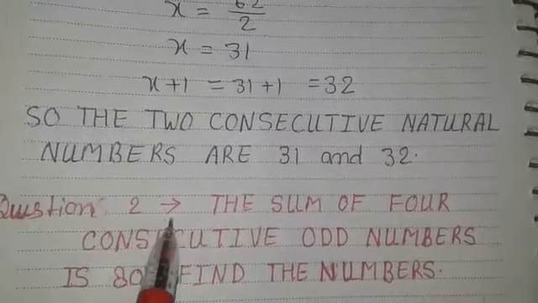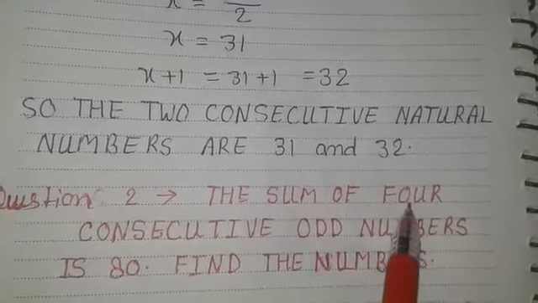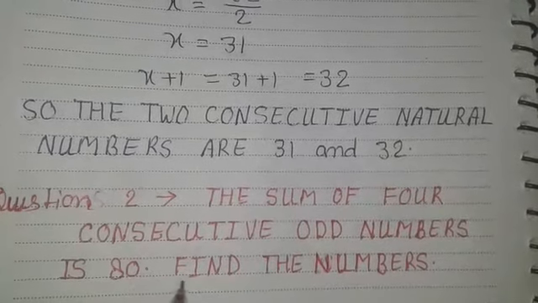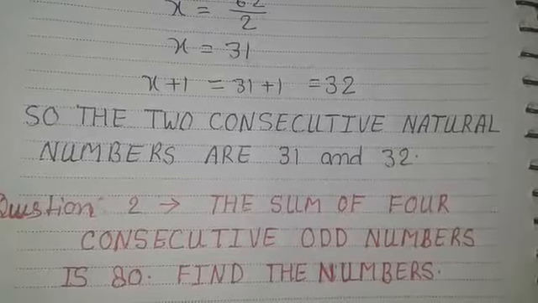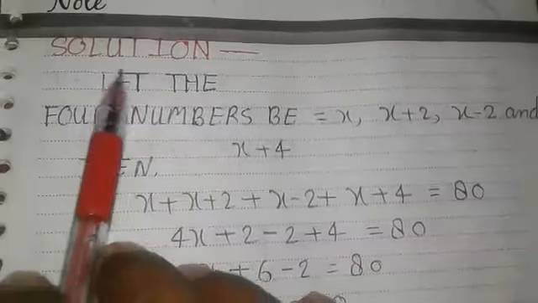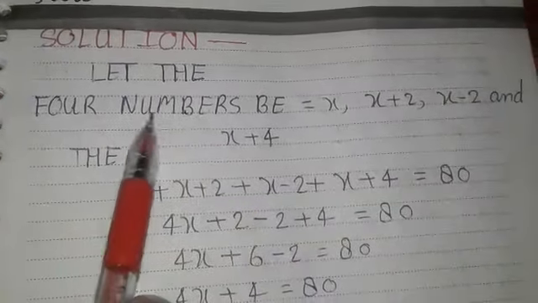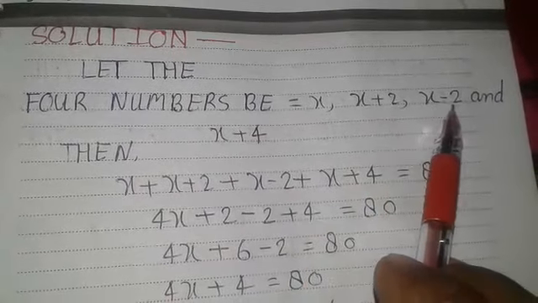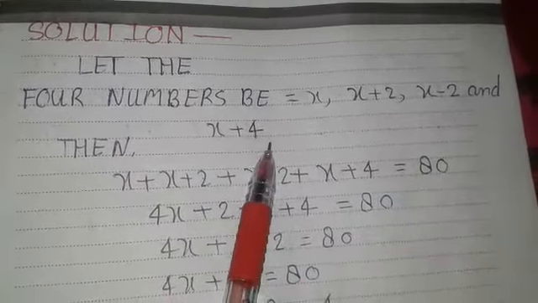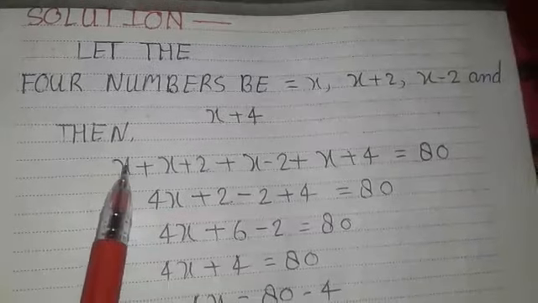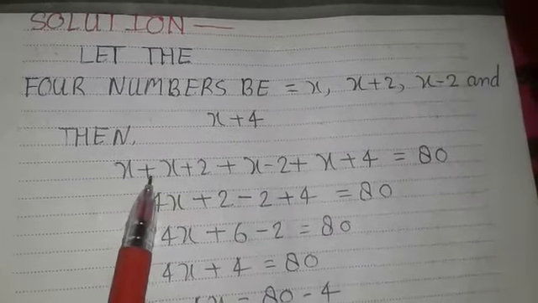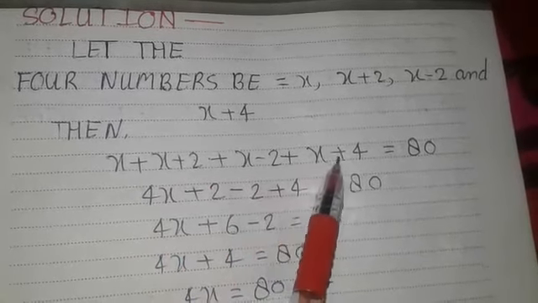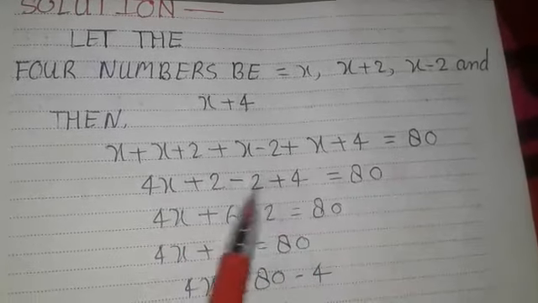Question number 2. The sum of four consecutive odd numbers is 80. Find the numbers. Solution: Let the four numbers be x, x plus 2, x minus 2 and x plus 4. Then the sum of all numbers, x plus x plus 2 plus x minus 2 plus x plus 4, is equal to 80.